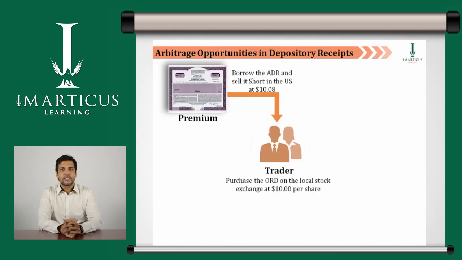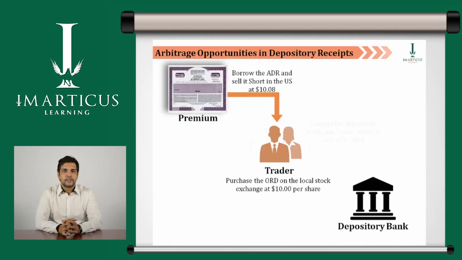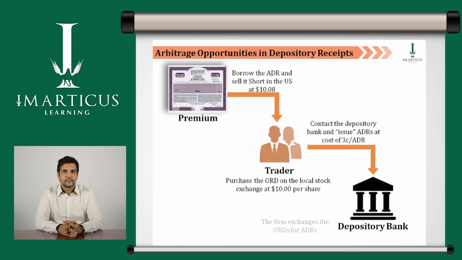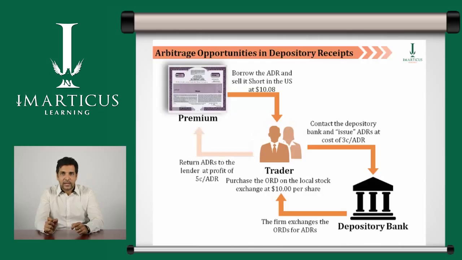The firm will then contact the depository bank and issue ADRs at 3 cents per share. Once the firm exchanges the ORD for ADRs, it can return to the lender the ADRs it had borrowed and close out its position.